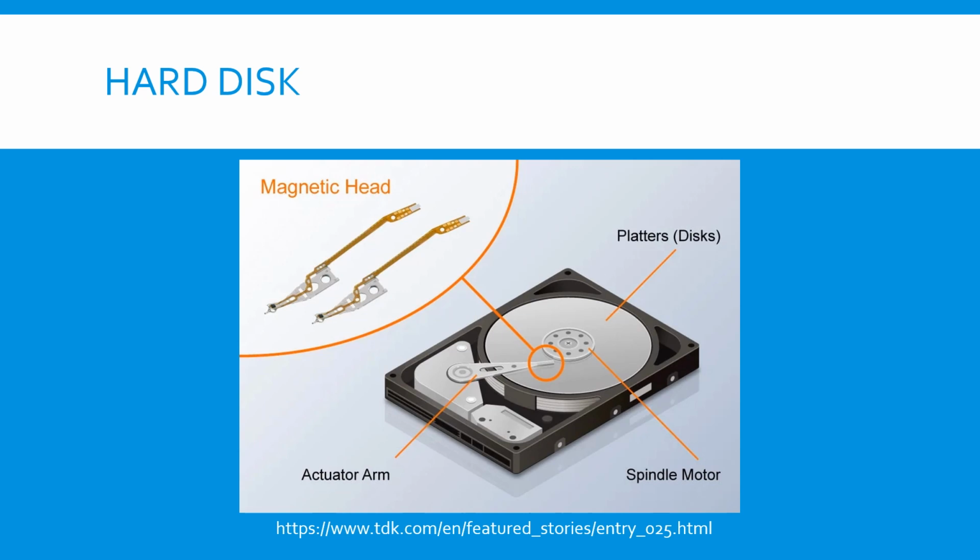Before delving into the external sorting algorithms, we should spend some time discussing how a hard disk works. Here is what a hard disk looks like. The data is stored in the platters, or the big round disks shown in the figure. When we need to access the data, the disk is spun such that the magnetic head is placed right on top of the disk location where the data is stored.